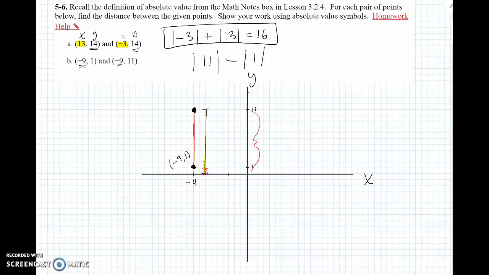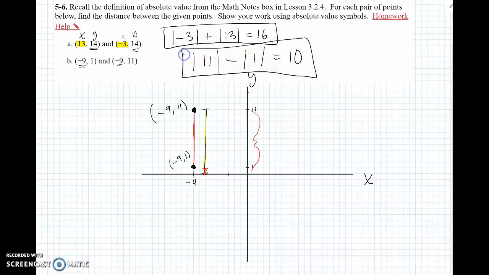Now, I think it's easier just to think about, well, if this is 11 up here, this is negative 9, comma 11. And if I think, well, I started at 1 and ended up at 11, what's that distance? That distance is 10. I don't write out absolute value equations like this, but that's what the book asked for.